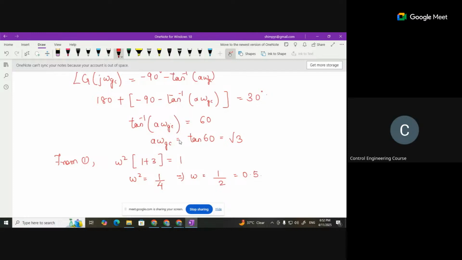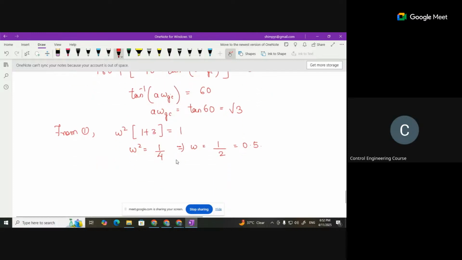So now can we get the value of A from here? Yes, A will come out to be root 3 divided by 0.5, or you can write this as 2 root 3, or this is 2 into 1.732, right? So is this clear?